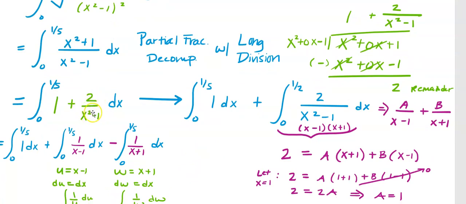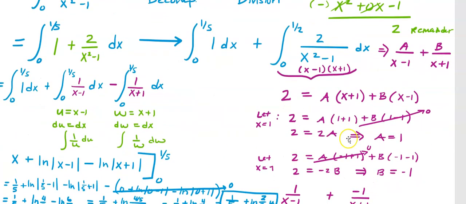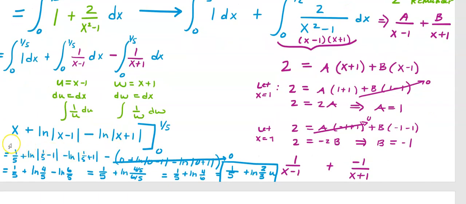Then the second piece, the remainder, was broken down using partial fraction decomposition, where we had to factor our denominator and solve for a and b. Once we were able to do that, we were able to get our separate little integrals, and some of them we had to use u or w substitution. But once we did that, we were able to get everything back in terms of x and evaluate it at our original upper and lower bounds, giving us 1/5 plus the ln of 2/3 units.